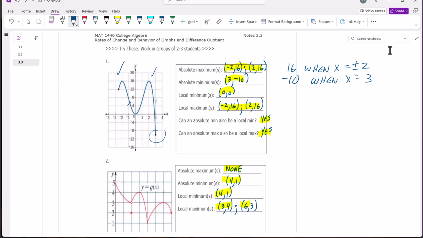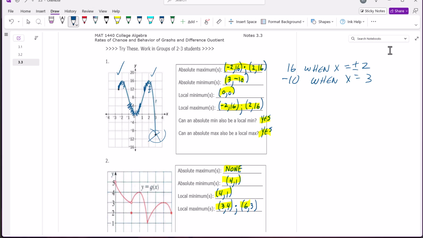A local minimum means the graph is going down, hits a low point, and going up. So that is a local minimum. This point here is not local. Okay, and then local maximums means the graph changes from increasing to decreasing. So these 2 points here are local maximums, and at the same time they're absolute maximums.